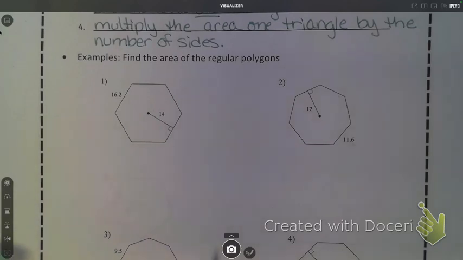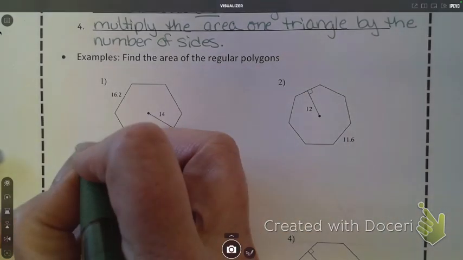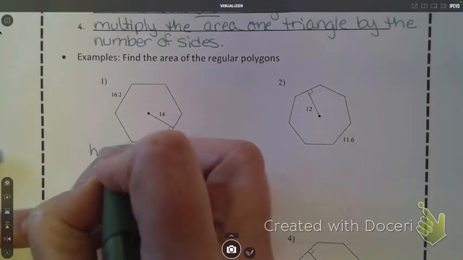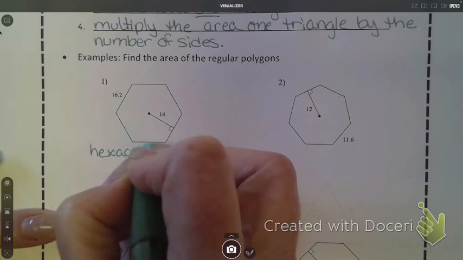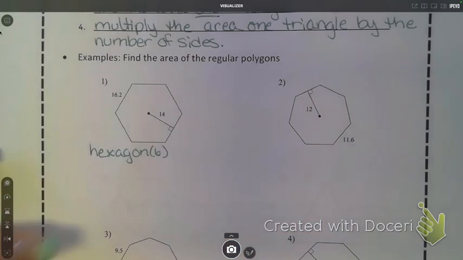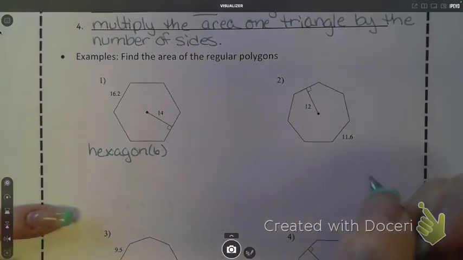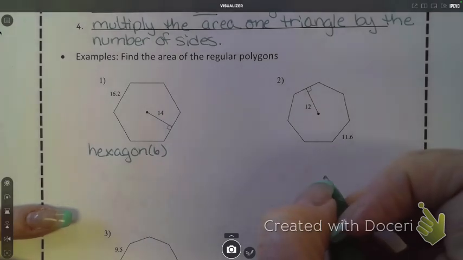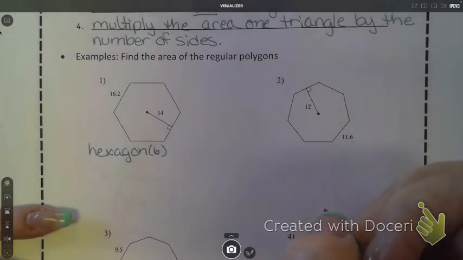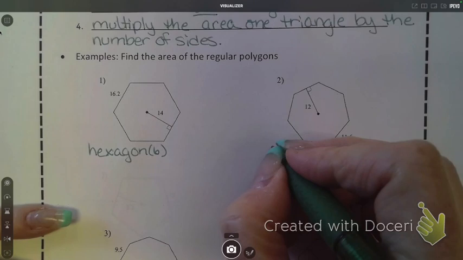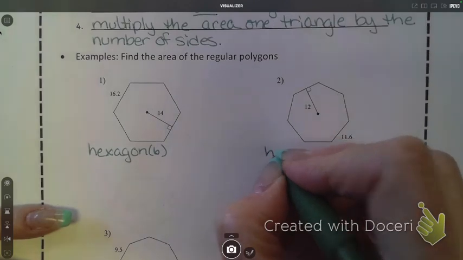Okay, how many sides does the first shape have? 6. So what is it? Hexagon. So write it. Jeffrey, hexagon. And then put 6 here. We'll come back. What's the next one? 7. It is a heptagon.